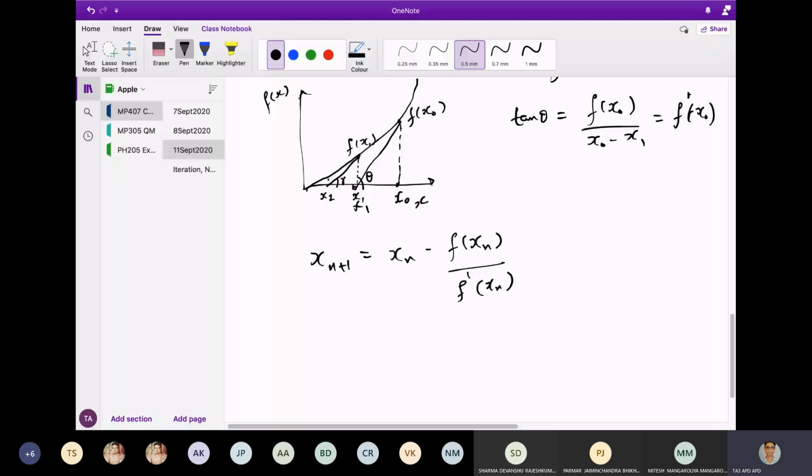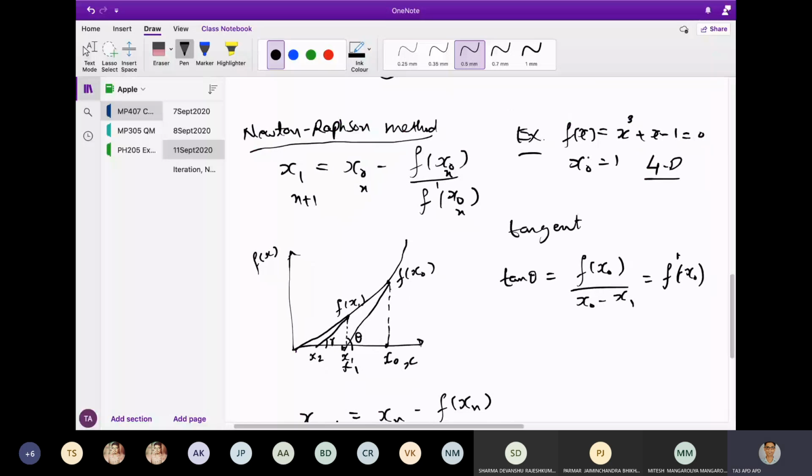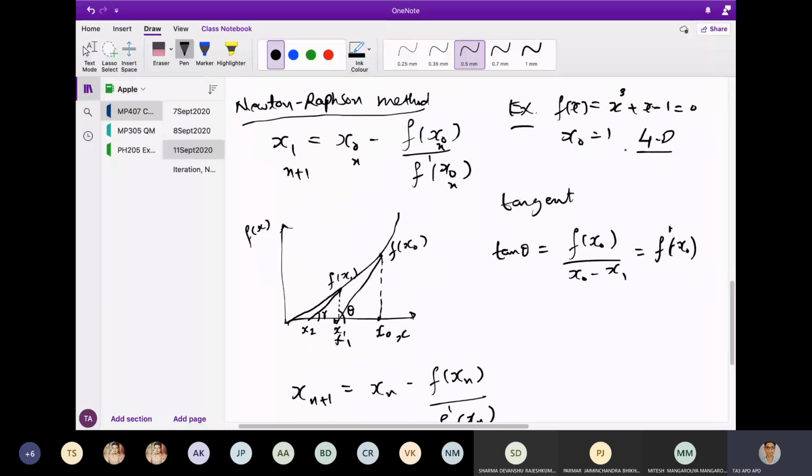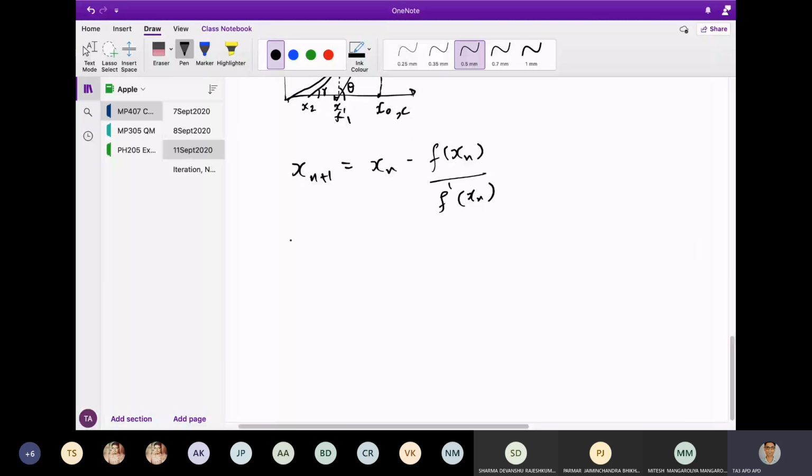So for that, I gave you an example of x cubed plus x minus 1 equal to 0, and we wanted to obtain a 4-digit accurate value by starting with initial x naught equal to 1. All right, so I hope you have done this, and from this you can simply find the values.